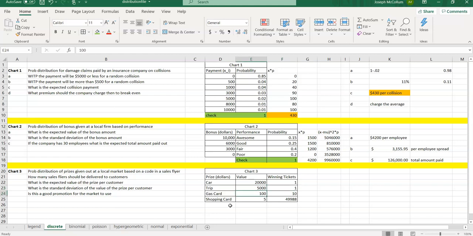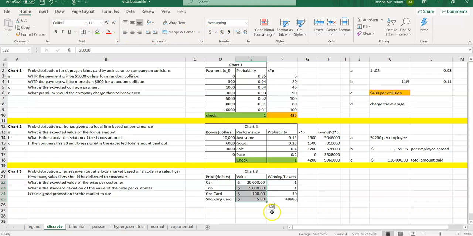Gas card, we get 100 of them. I should be careful. It's a $100 gas card with 10 winning tickets. And then there's 49,988 other tickets where you get a $5 shopping card you could use for future purchase.